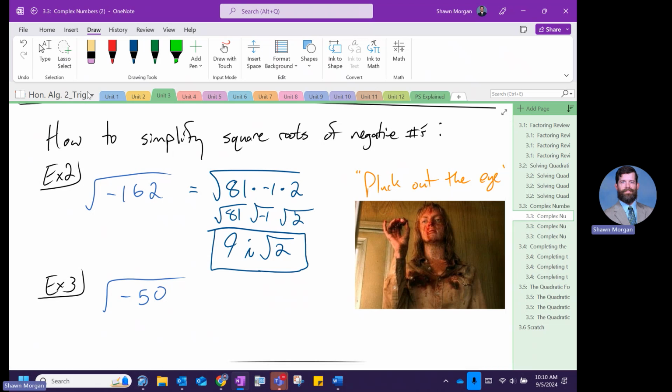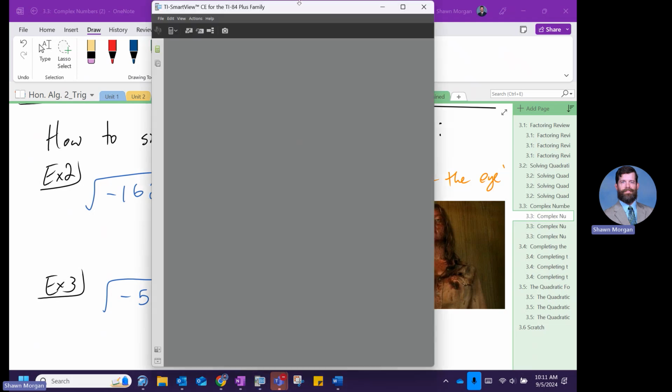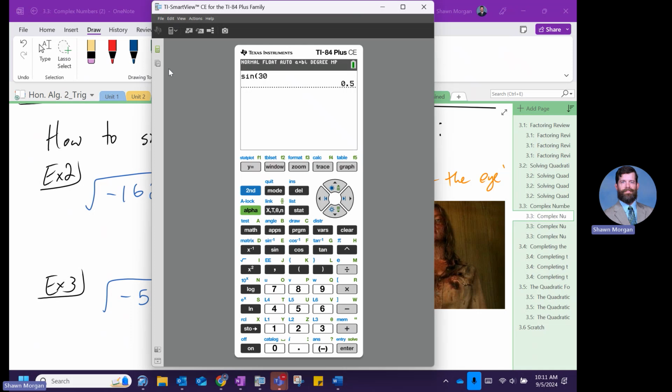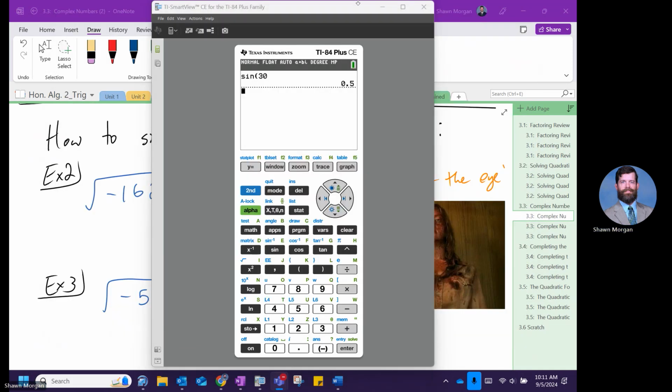Let me show you on your calculators how you could do this. What you want to do is consider what mode your calculator is in. It's important to always understand the mode your calculator is in because that's how it's going to spit out the answers for you.